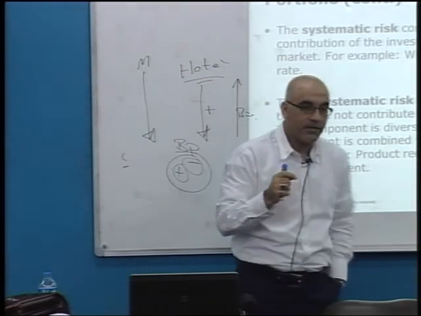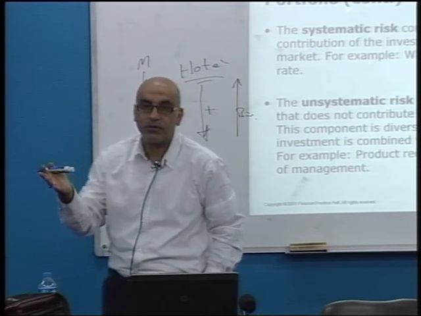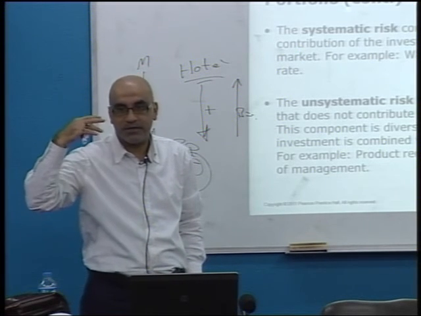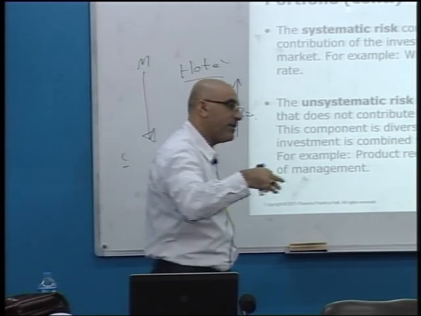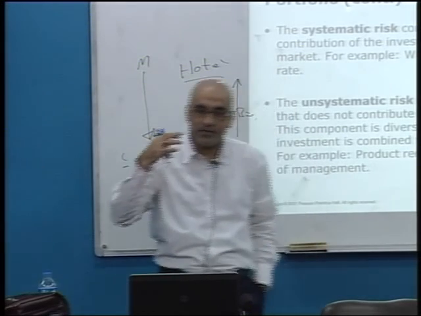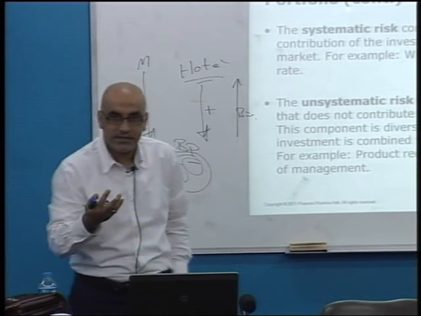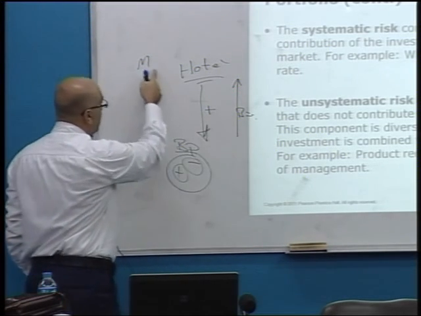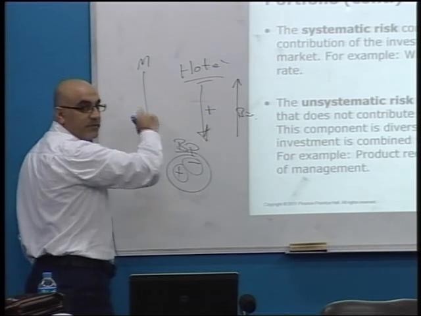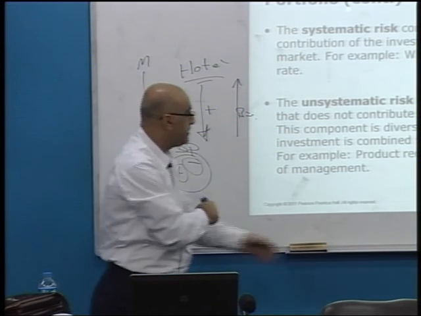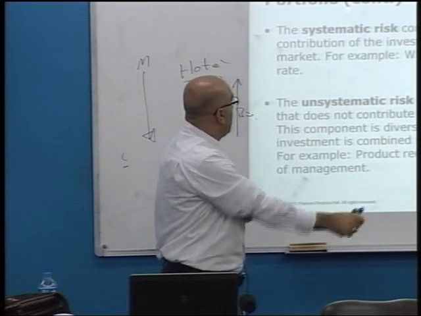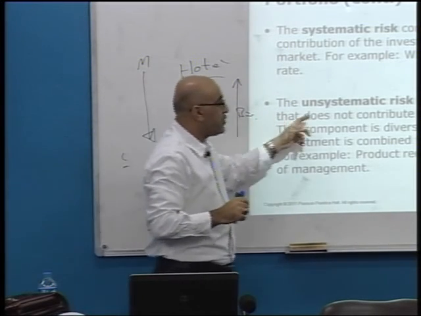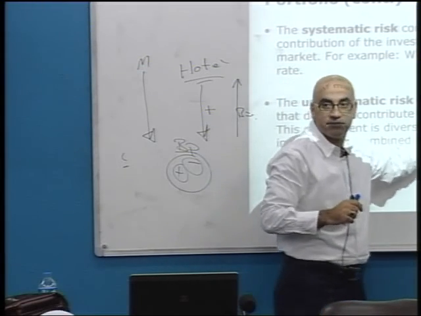Beta could be positive, could be negative. Again, go back to the definition of beta. It is the sensitivity, or to what extent the stock return is influenced by the change in the market return. Okay? The unsystematic risk is the element of risk that does not contribute to the risk of the markets.